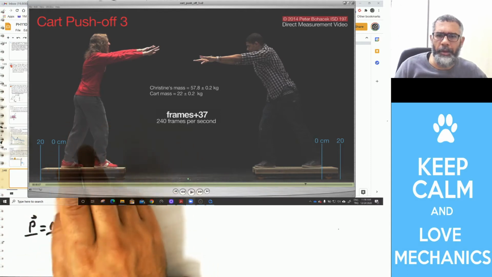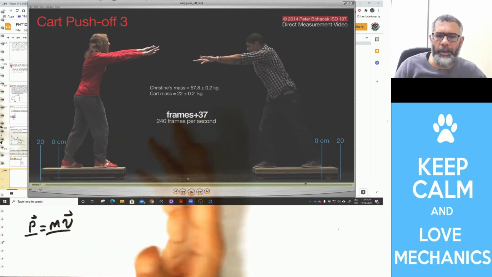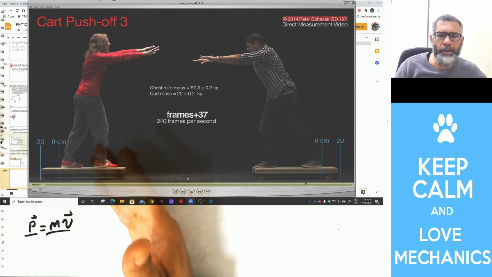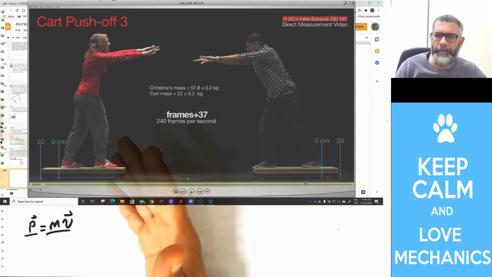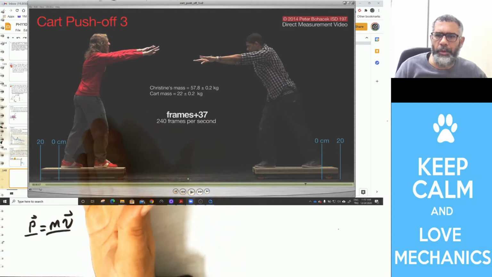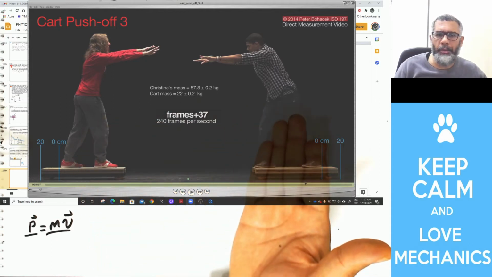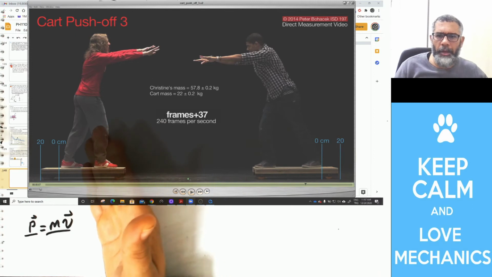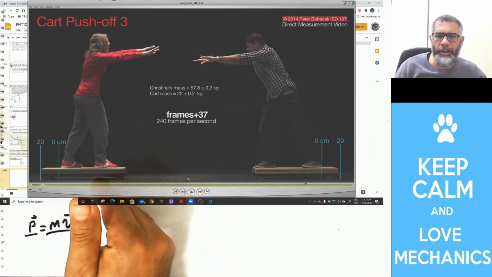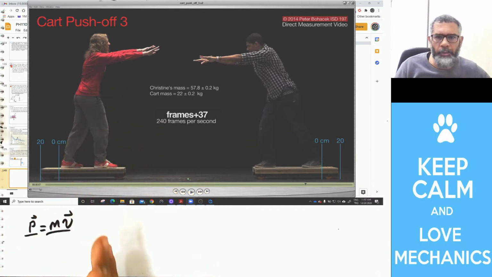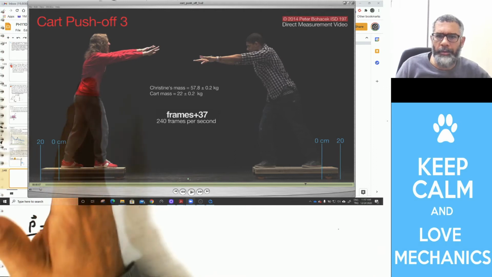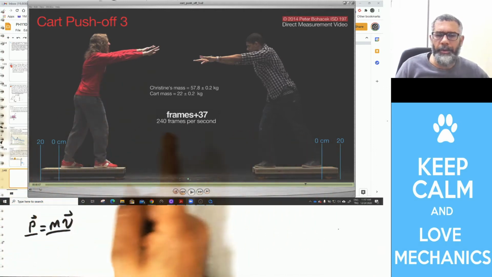Normal force and weights cancel each other, so the net force is zero. There is no external force in that sense, right? There is no external force on the girl, and no external force on the boy. They don't move up and down, they only move left and right.